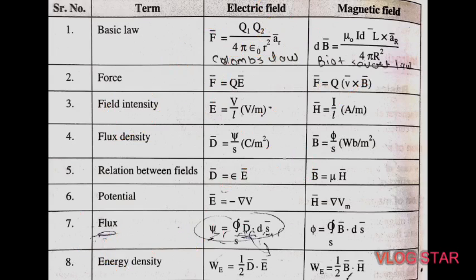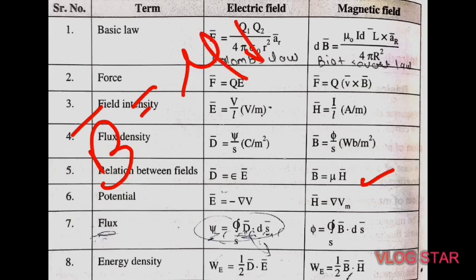Then again for the magnetic field, we can write B bar is equal to mu H bar. This is the relation between magnetic flux density and magnetic field intensity. B is magnetic flux density and H is the magnetic field intensity. Here mu is the permeability of the medium, defined as the ability with which a current carrying conductor forces the magnetic flux in the region around it.